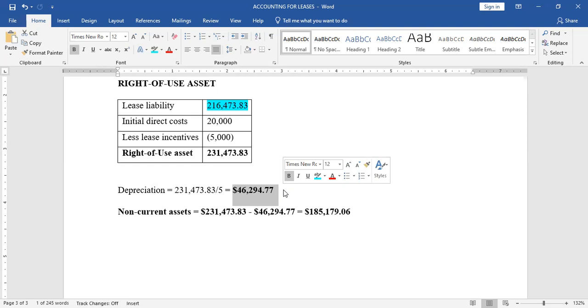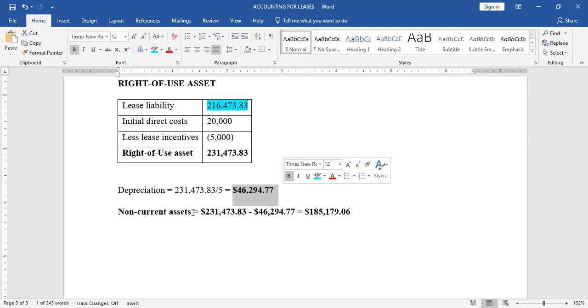But if it's buildings and offices, most likely it will go to administration or administrative expenses. And then if it's for motor vehicles, running expenses and depreciation for motor vehicles will go to distribution cost mostly. So I'm not delving into that so very much. I just wanted to indicate that's the depreciation that shall be charged to the income statement.